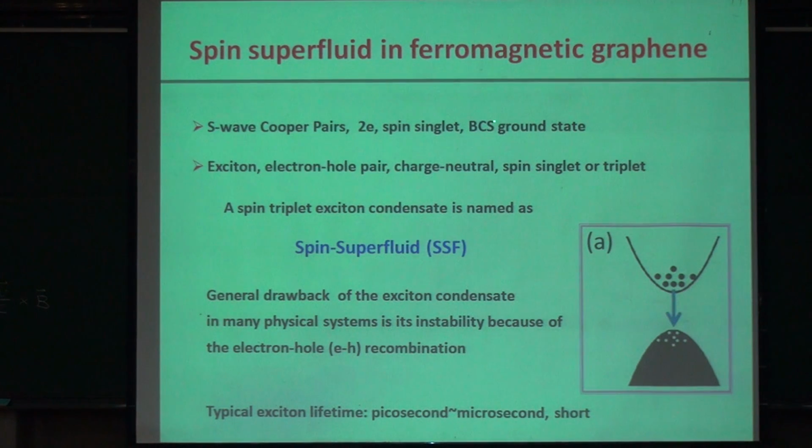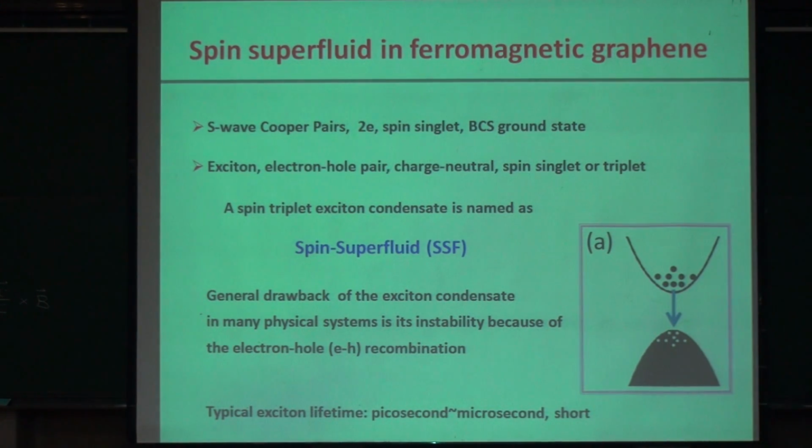We have the well-known BCS ground state describing the BCS superconductor. Now, in ferromagnetic graphene, we want to have a spin superconductor. Again, in order to achieve a superconductor, it has to be a phenomenon of Bose-Einstein condensation, so you have to achieve a boson first.